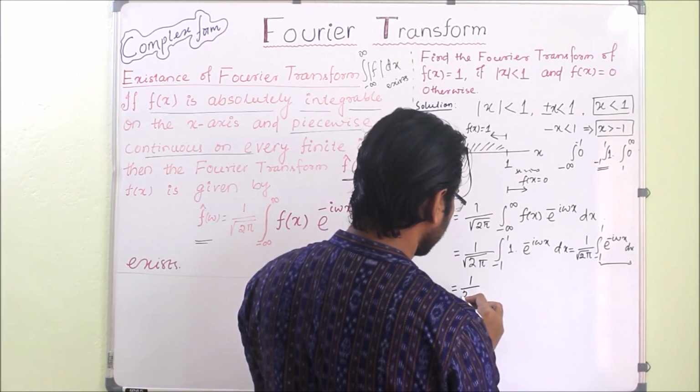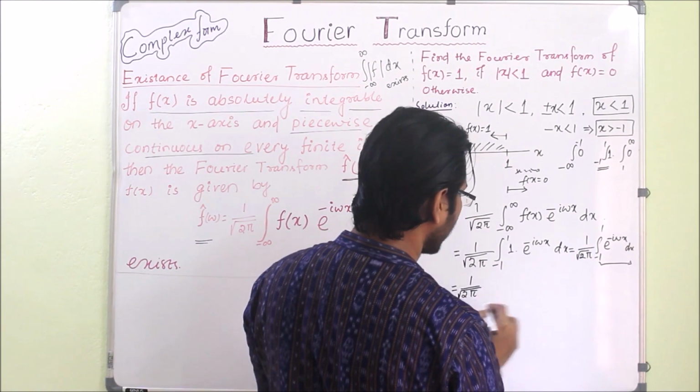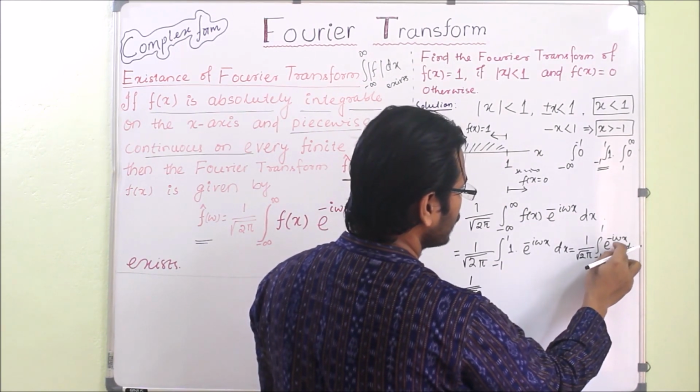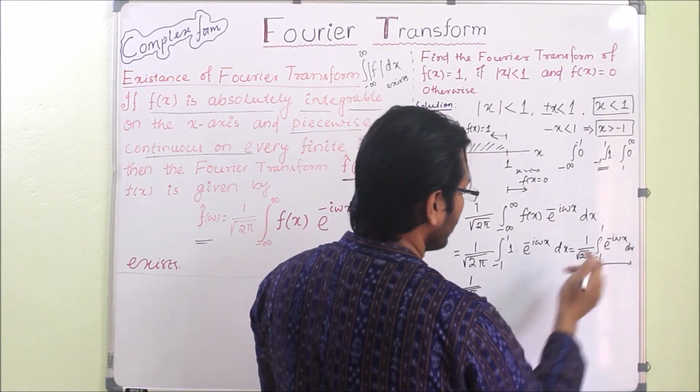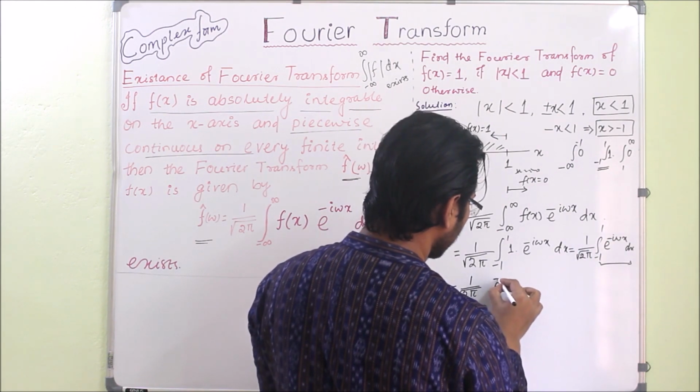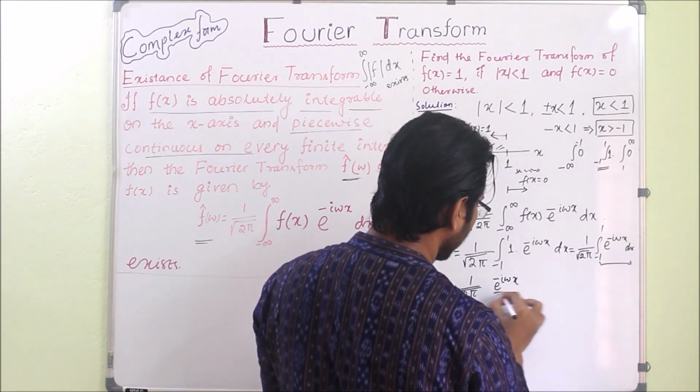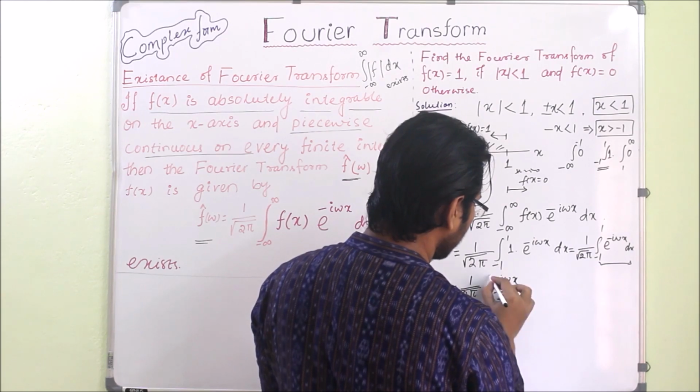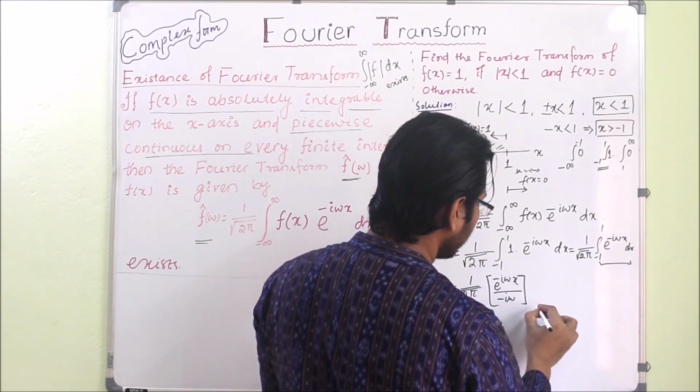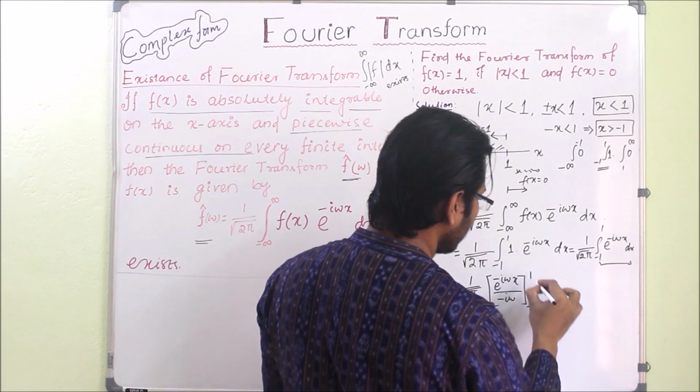The factor will remain the same, so 1 by square root of 2 pi, and the integration of e to the power minus iwx will be e to the power minus iwx divided by minus iw. And what will be the limit? The limit will be minus 1 to 1.